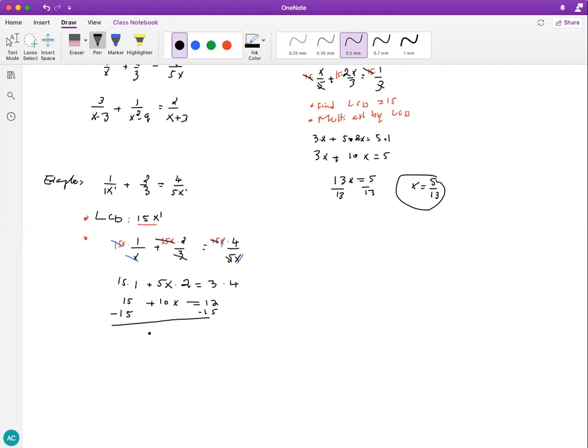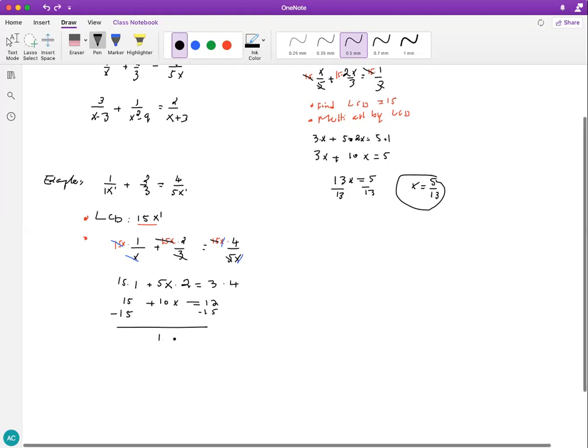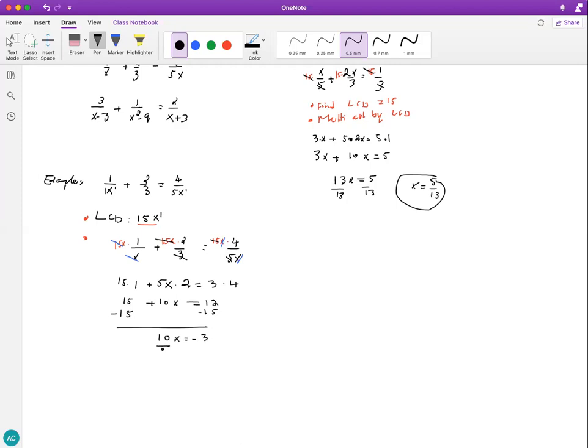So that turns into 10x equal minus 15 plus 12. Negative 3, yeah. Finally, x equal minus 3 over 10.